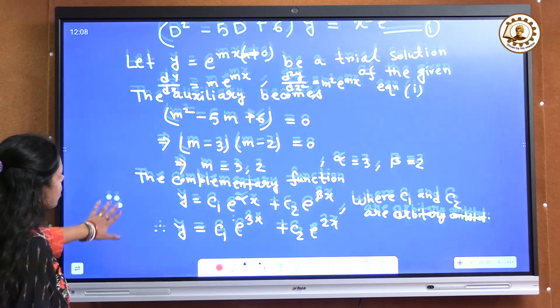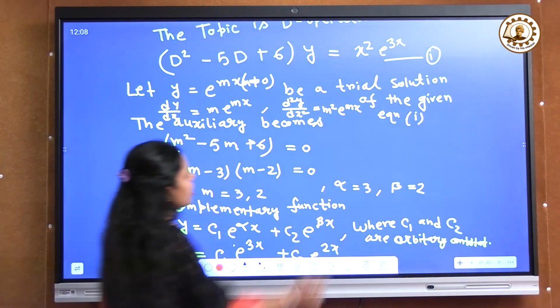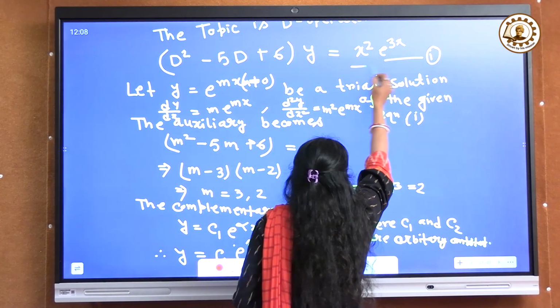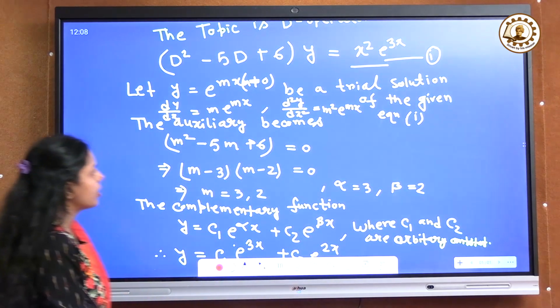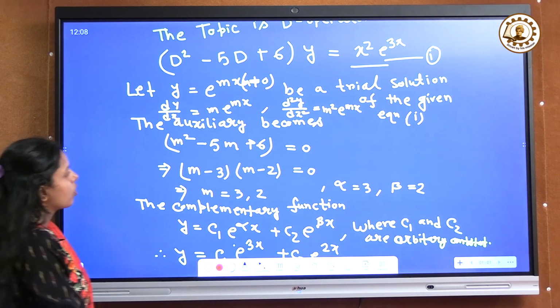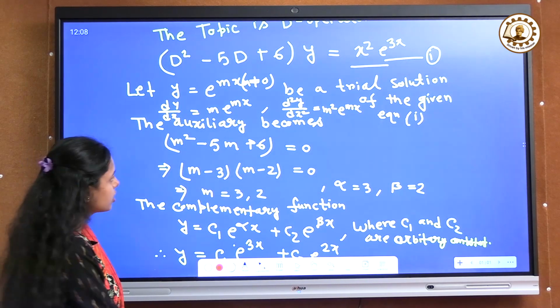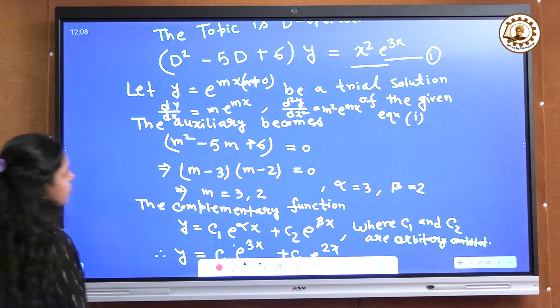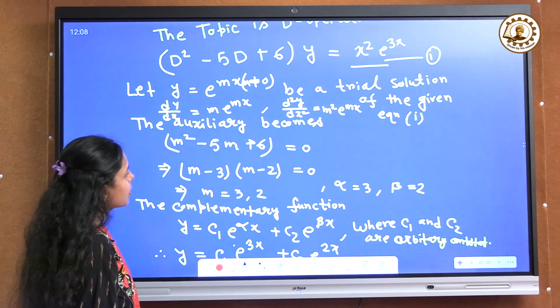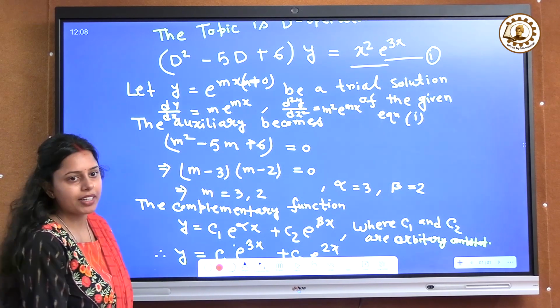Here the right hand side is x square e to the power 3x. We solve this differential equation by the D operator method, and we will get the general solution after we find the particular integral.